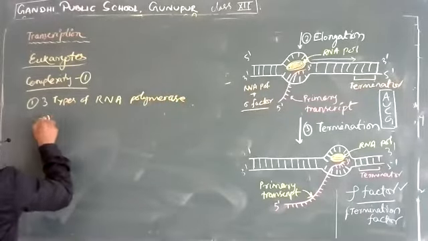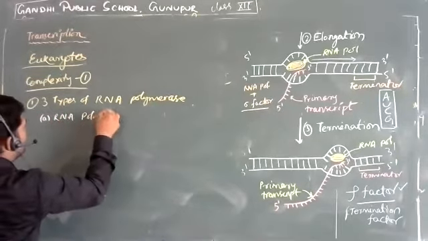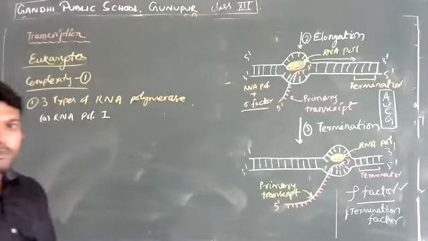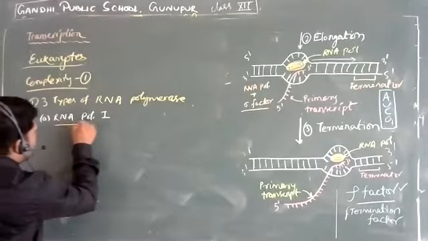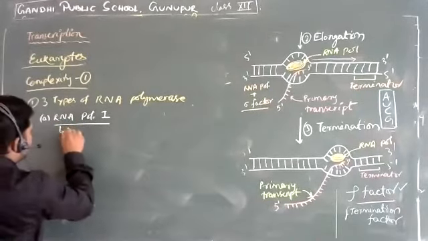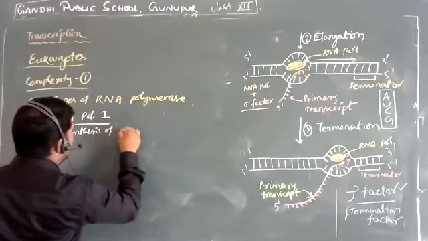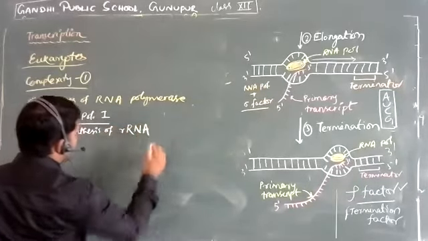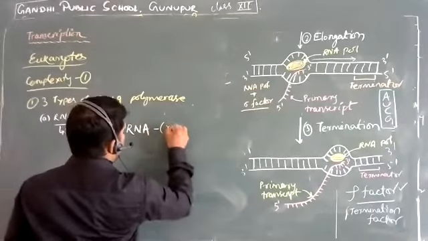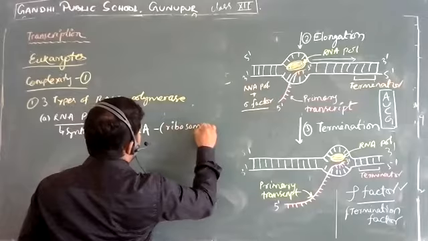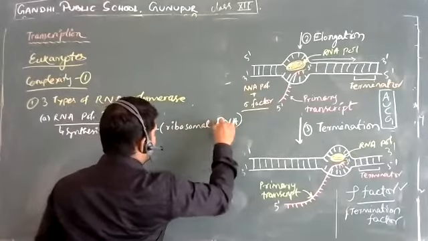Let us understand. First one, RNA polymerase 1, or RNA pol 1. RNA pol 1 is going to polymerize the synthesis of rRNAs. rRNA stands for ribosomal RNA.